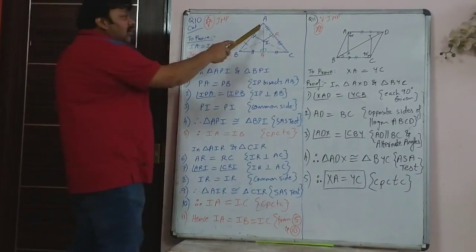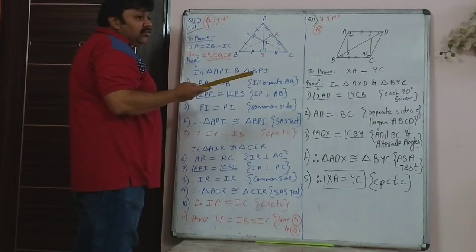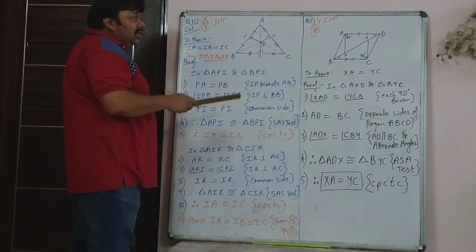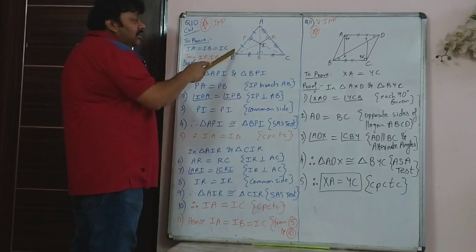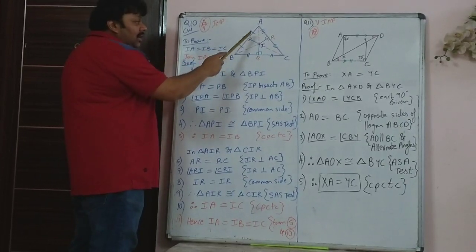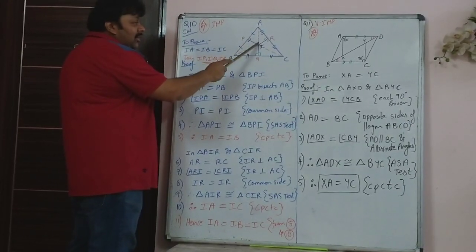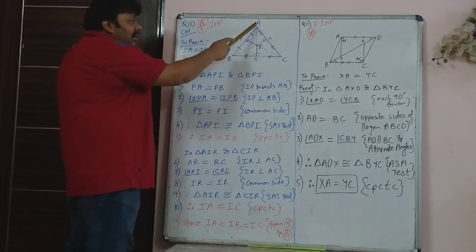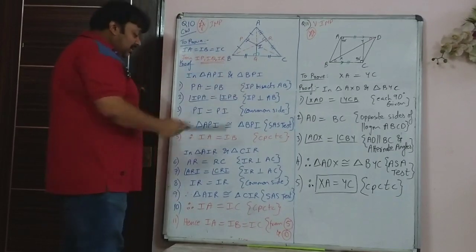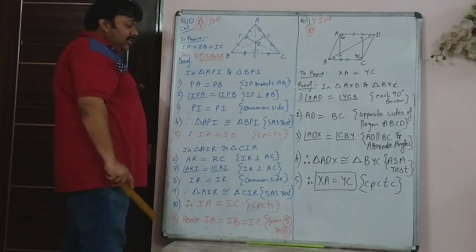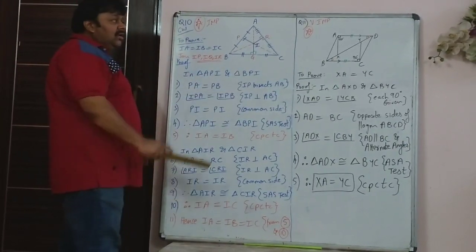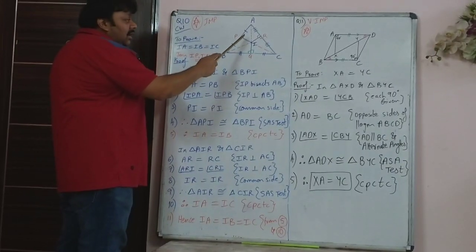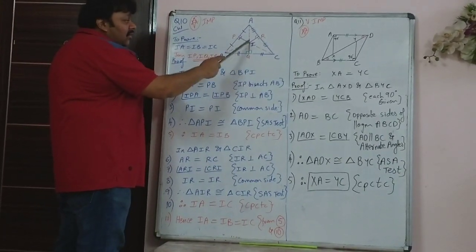Now you have to see which triangles to prove congruent. Look at the figure, you will immediately get the answer. This side AP and PB are equal, those two angles are equal, and IP is common side. So you have to first take API and BPI, and prove those two triangles congruent by side, 90 degree angle, and common side.